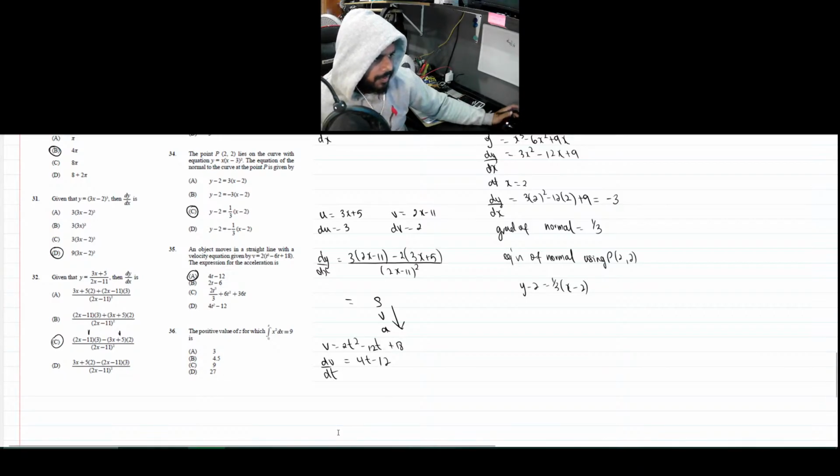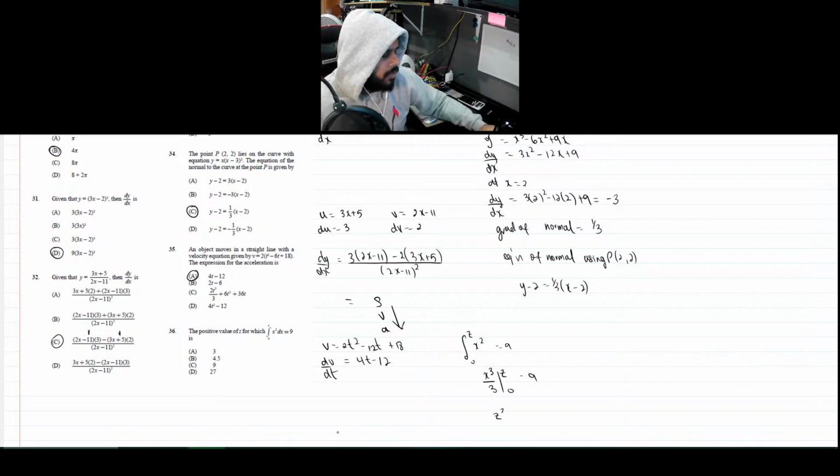The positive value of z for which that is equal to 9 is, so we have the integral of x squared evaluated at z and 0 is equal to 9. So we have x cubed over 3 evaluated at z and 0 is equal to 9.